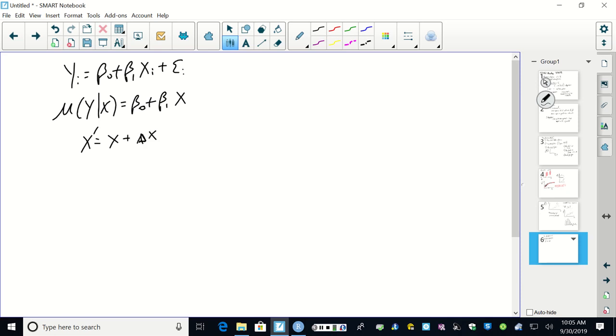Then the mean of y at this new x prime, minus the mean of y at the original x, is beta 1 times the amount that x has changed. And that has a direct interpretation of what the slope is. As x changes by an amount, you get beta 1 times that.